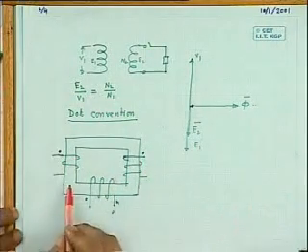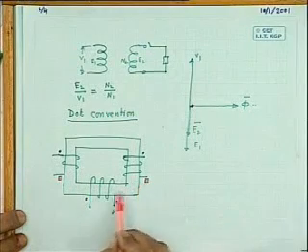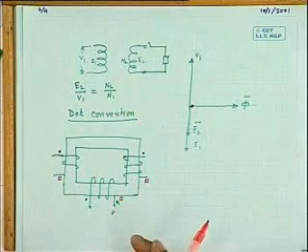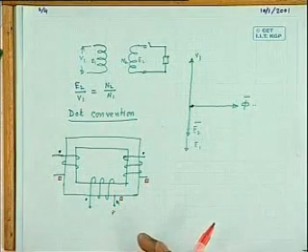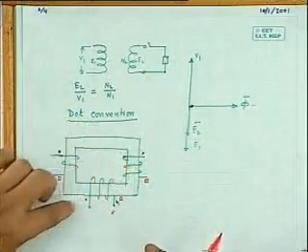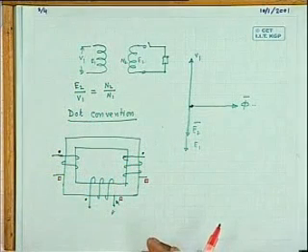Obviously, if you put a dot here, the other left out pairs also have dots. Dot means the polarity of the voltages at any point of time. This dot also means when this will be negative, all these terminals will be negative. So other terminals also will have the same kind of polarities at a given time.